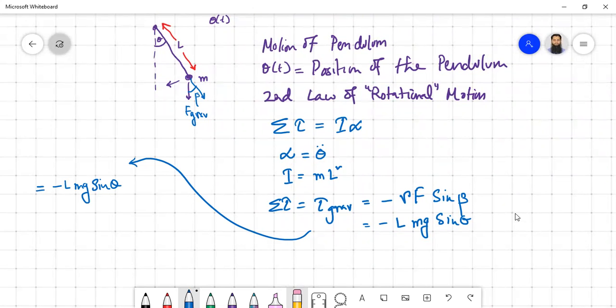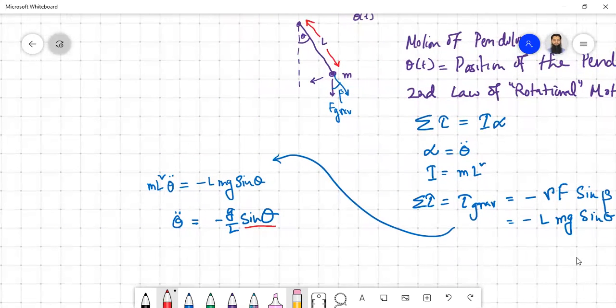So what you're going to get is mL squared theta double dot. Okay, so this is the equation. Some parameters can be cancelled, like m and L. So basically what we are going to get is theta double dot, the second derivative of theta, is minus g by L sine theta. So the first thing that we should do is to find out the nonlinear term of the differential equation here, sine theta.